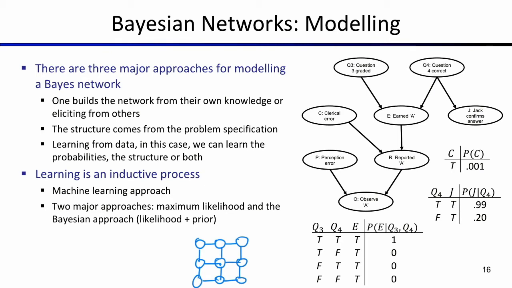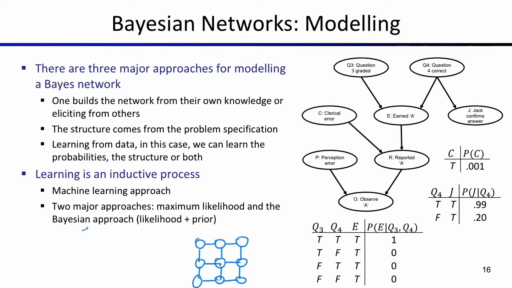When we are learning from data, there are 2 different ways of doing that. One is what we call the maximum likelihood approach. We're going to detail this more during the course. And the second one is the Bayesian approach. So now things start to get a little bit confusing, because you say, okay, it's a Bayesian network, and what is the Bayesian approach? Bayesian has different meanings depending on the context that you're using it in.